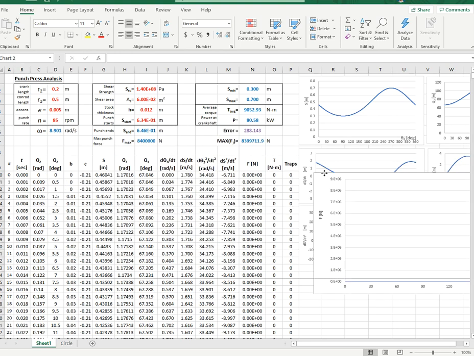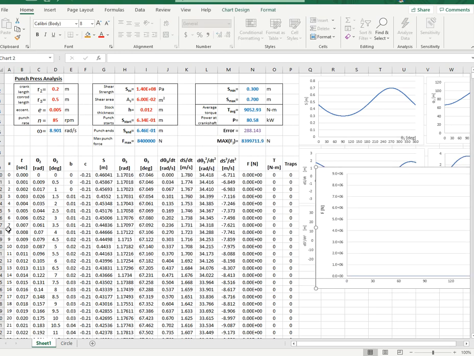My spreadsheet has 720 rows, that is data points, and the time increment is such that for the chosen 720 points, I'm covering one full crank rotation, one full cycle. I don't need more than a full cycle.